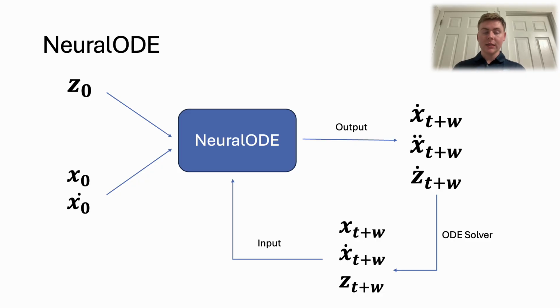So what this is saying is that we're predicting our next time step plus our window. I'll talk about windowing in a second here. But essentially, we're just going to the next step in the rocket's flight, predicting its velocity, acceleration, and derivative of its latent space. And then we're passing this into an ODE solver, which will then return our next position, velocity, and latent space. This is then fed back into the NeuralODE in a positive feedback loop to be able to predict the entire trajectory of the rocket bit by bit, recursively.